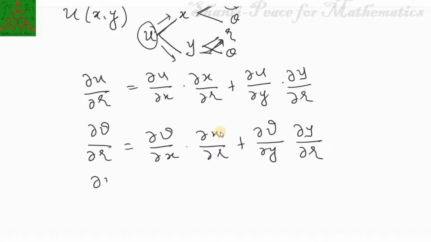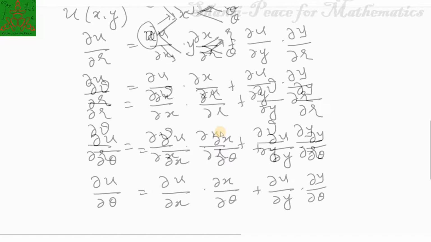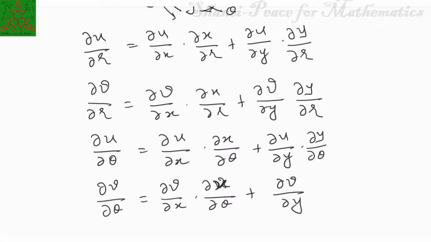In the same way, del u by del theta we can write as del u by del x into del x by del theta plus del u by del y into del y by del theta. Also, del v by del theta will be del v by del x into del x by del theta plus del v by del y into del y by del theta.